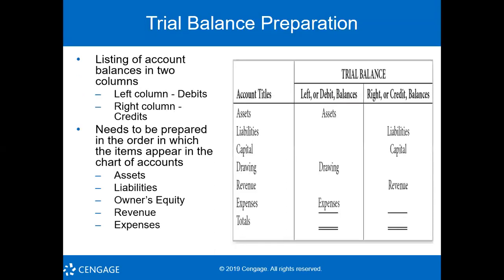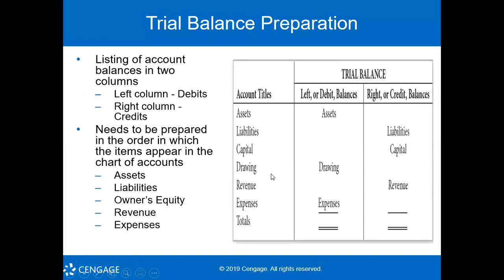Okay, so once we've recorded all of our transactions for the month, and we just saw several of them together, and we've updated our T accounts, then from those T accounts we prepare what is known as the trial balance. So that's what we're looking at here, trial balance preparation, right? The trial balance basically lists all of the accounts that have balances.